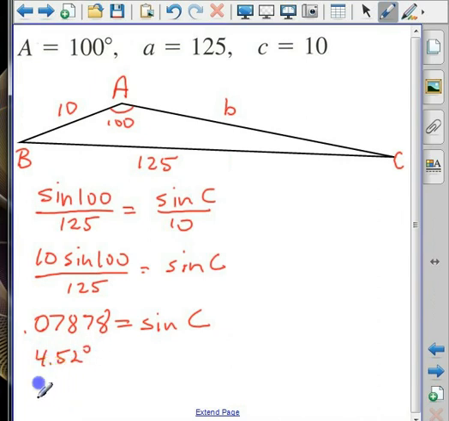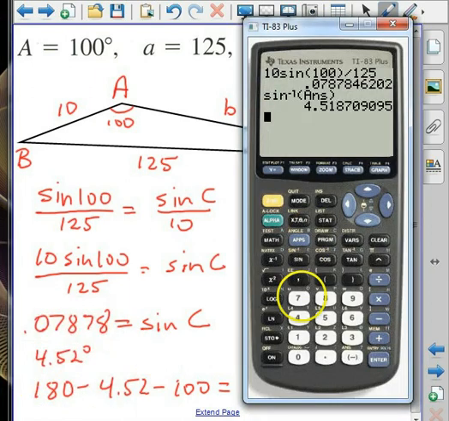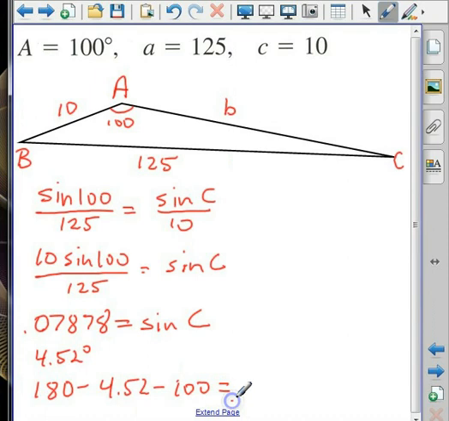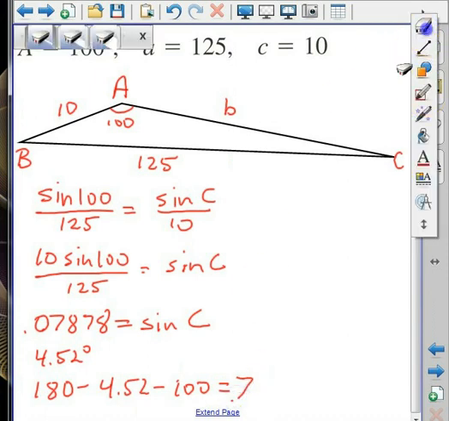So to get angle B, I'm just going to subtract 180 minus 4.52 minus 100. That's 75.48.